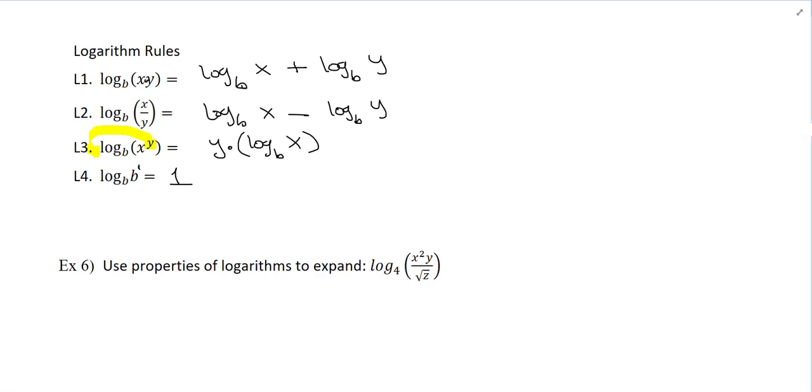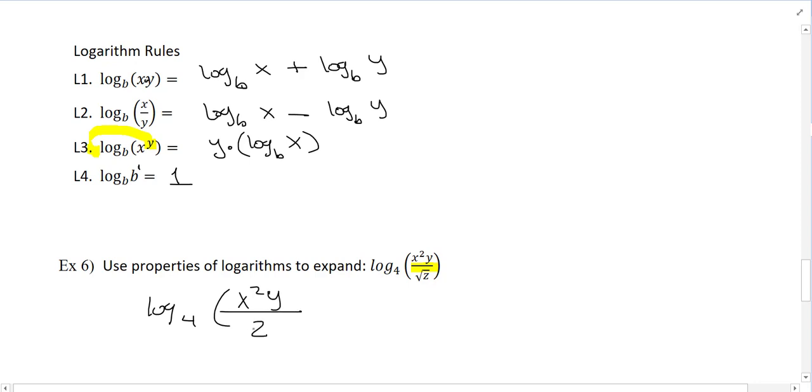The operation that jumps out at me right away is the fact that there's a big division there. So that looks like L2. So this is log base 4 of x squared y over the square root of z. I'm going to write the square root of z as z to the 1/2. So using the L2 property, this is going to become log base 4 of x squared y minus log base 4 of z to the 1/2.